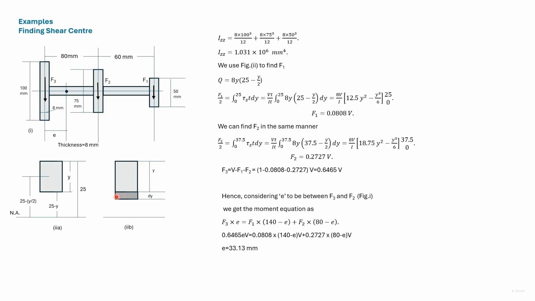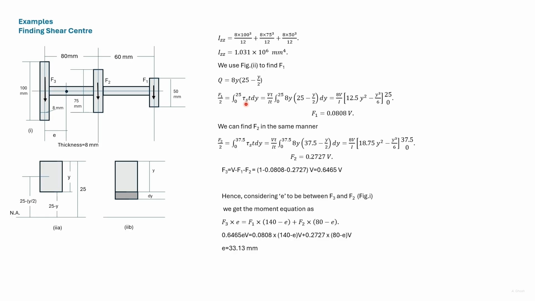Then the force will be tau s into t into dy. Tau s varies with y. So integration from 0 to 25 of tau s t dy gives the force in the top half.